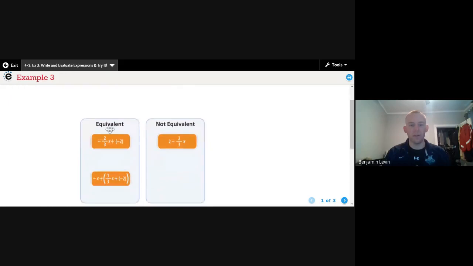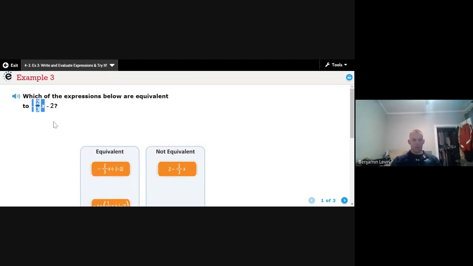There we go. That one is tricky, but we had to combine like terms. And combining like terms can be difficult when we start to deal with negatives and fractions and all this stuff. But if we combine these, we get -2/3 x, which is what we have up here in the original expression.